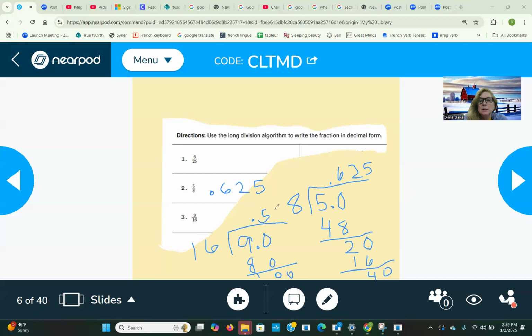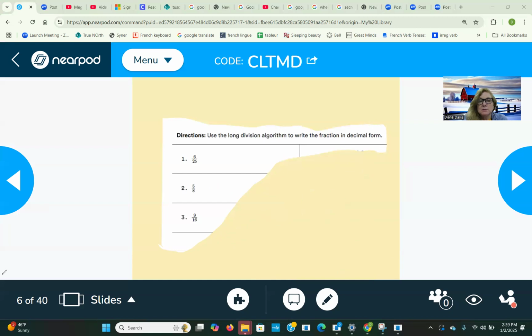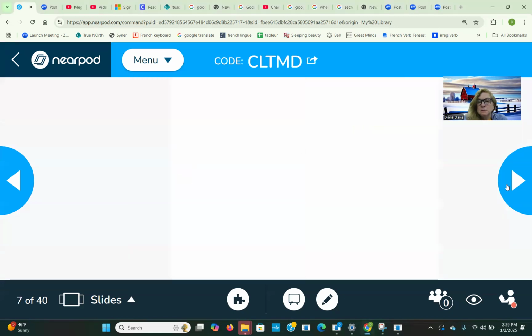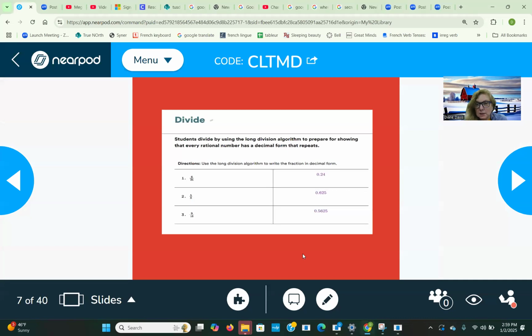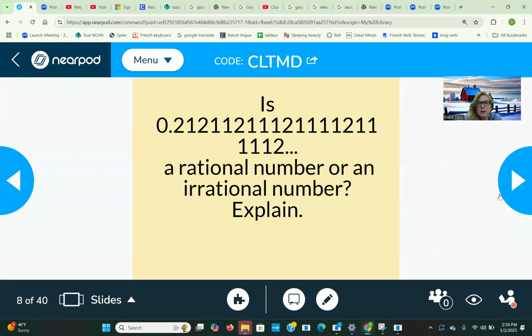Okay, and so again, that should be 6. And continue on with that answer. Let's look and see what we have here. All right, so these are the answers that we were figuring out. You can look for yourself there.